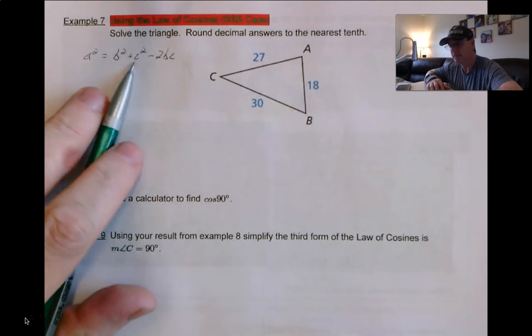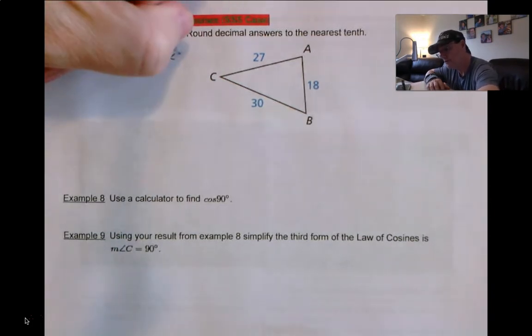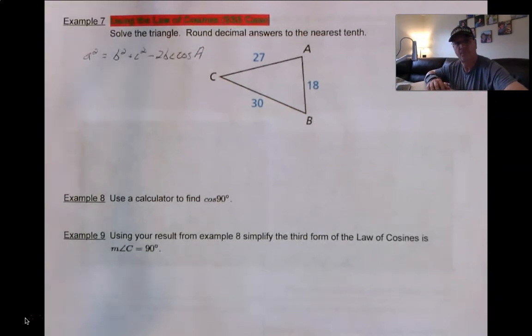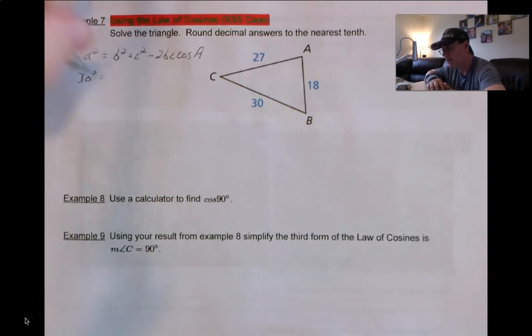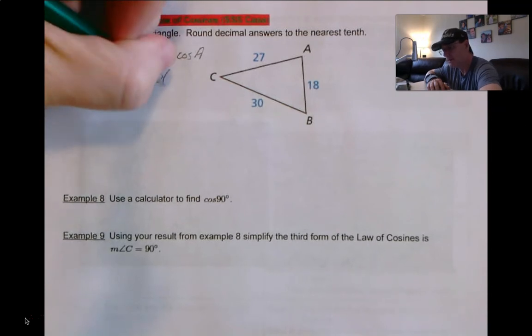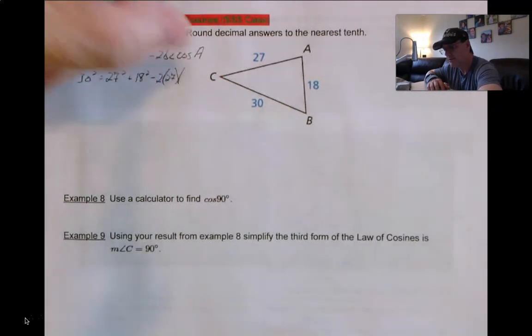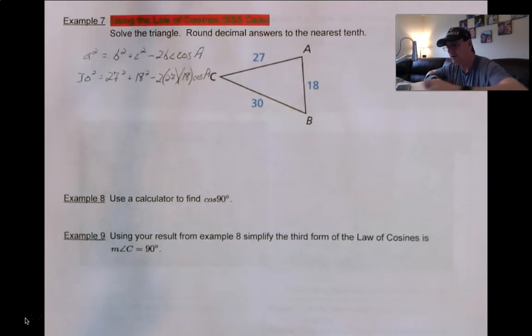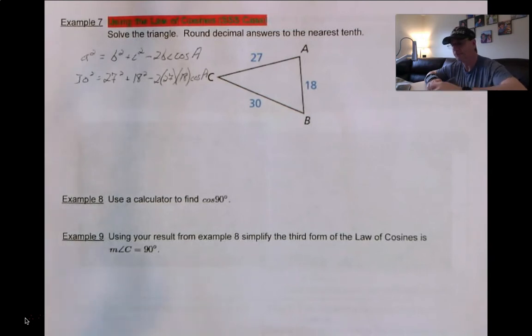Let's plug in what we know. 30 squared equals 27 squared plus 18 squared minus 2 times 27 times 18 cosine angle A. Squeeze that cosine angle A in there.